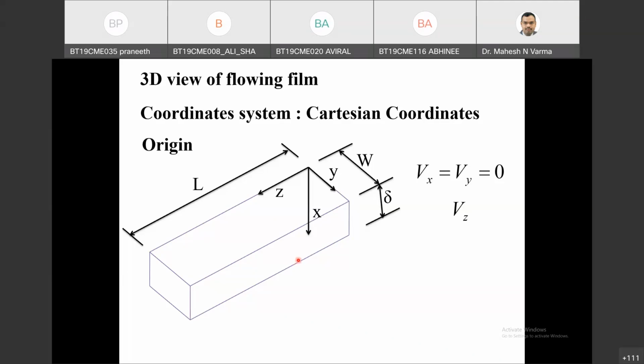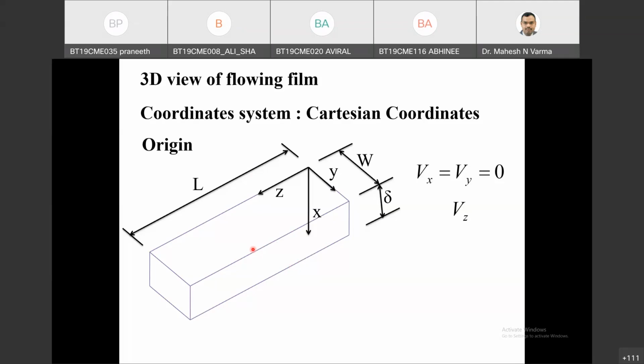If this thickness is large enough, slowly the velocity will increase, and after some time the velocity will be constant, because gravitational forces will balance viscous forces. Hence there is no gradient of velocity.